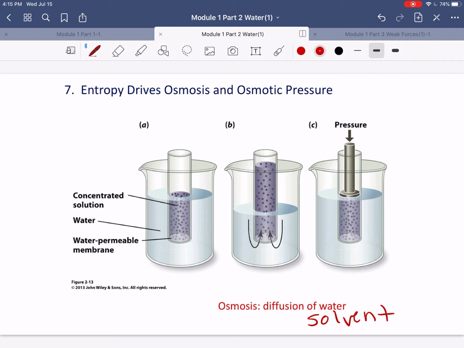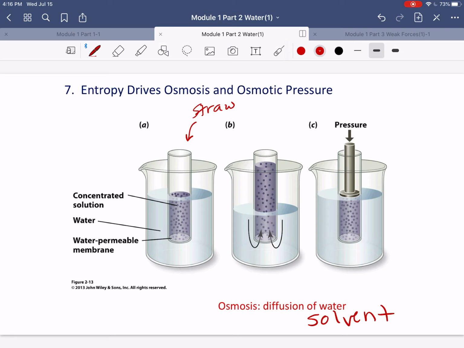What we're talking about with osmosis is the propensity for molecules to move from high concentration to low concentration. In this case, we're looking at a glass tube with a water permeable membrane at the bottom. The little disc at the bottom of this straw, you can think of it as a straw, has a semi-permeable membrane. We can purchase this type of dialysis straw from a vendor.